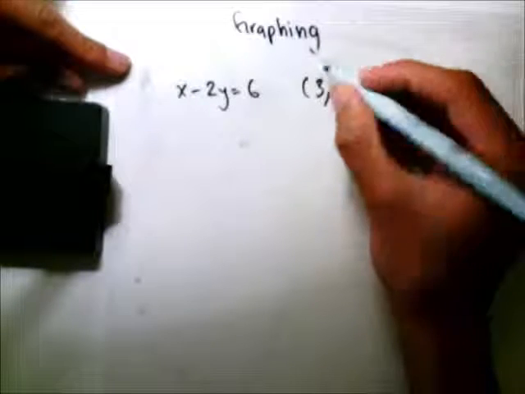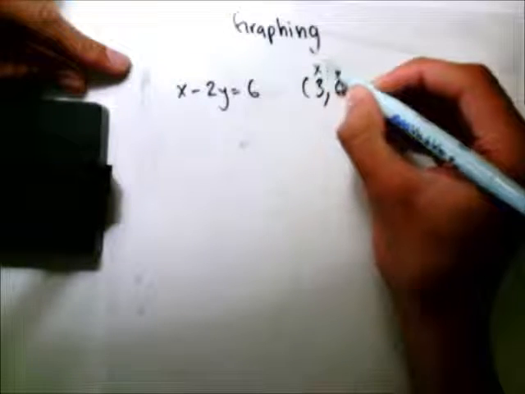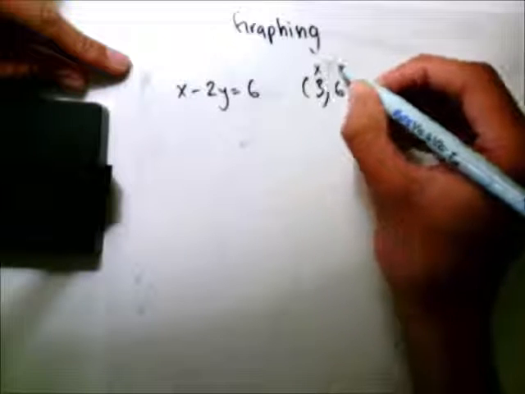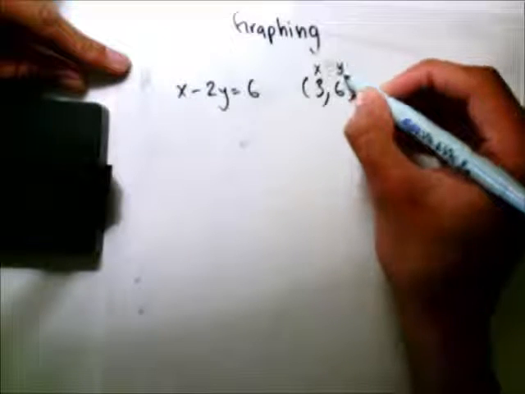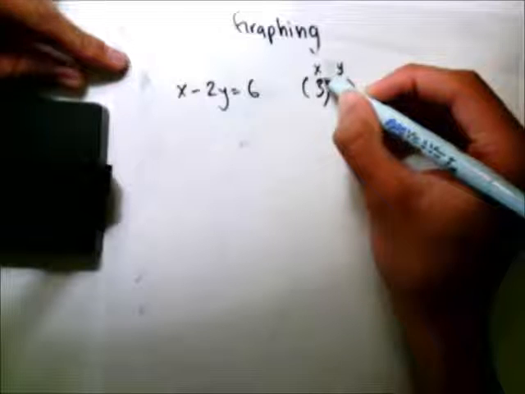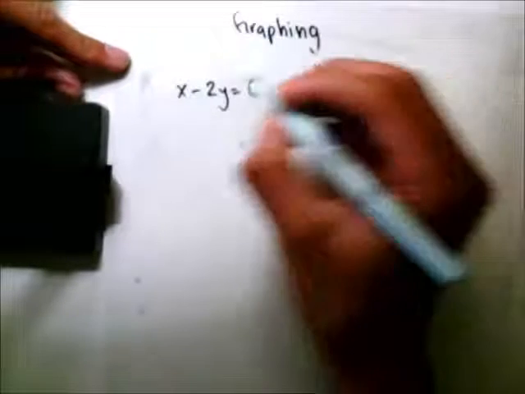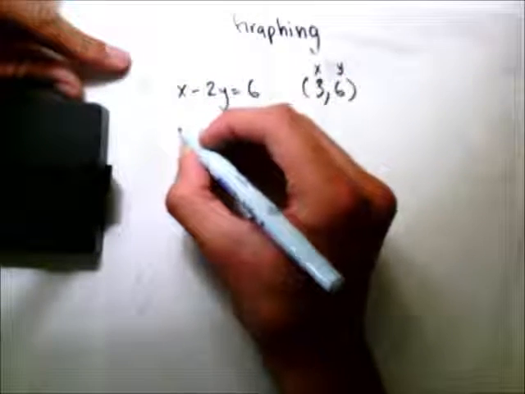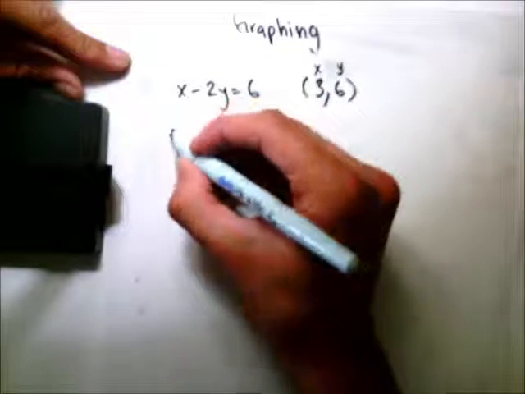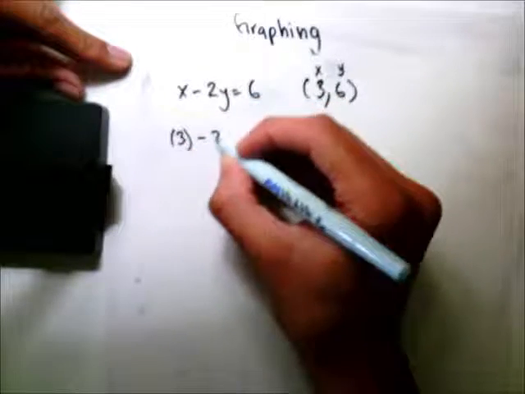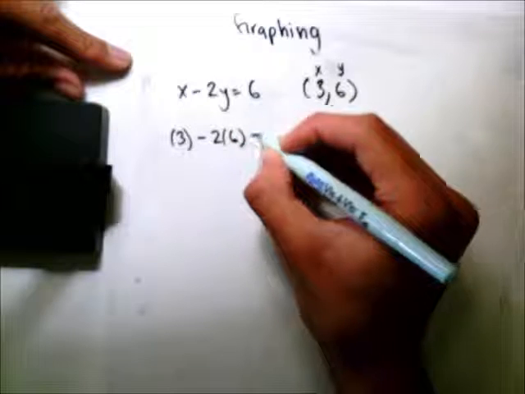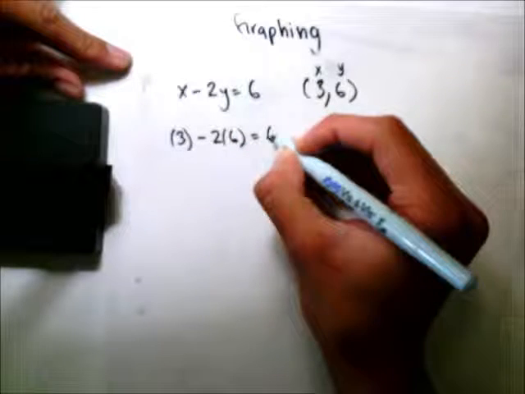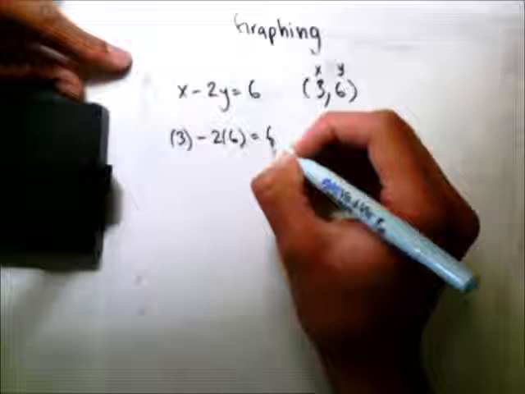So in order to check that, we have x corresponds to our input and y corresponds to our output. So 6 corresponds to our output and x, our input, is 3. Next, we're going to substitute these values into our linear equation. We have 3 minus 2 times 6 is equal to 6, and we have to see if the statement holds.